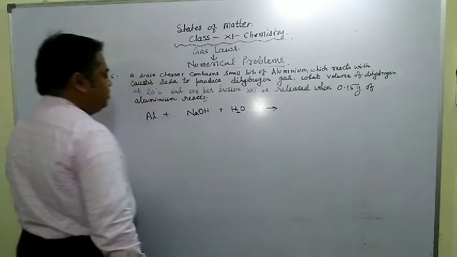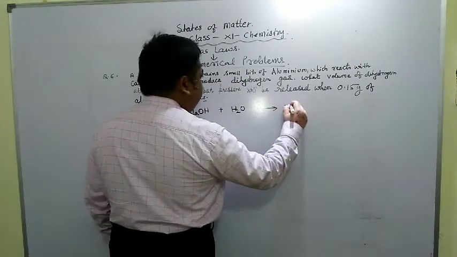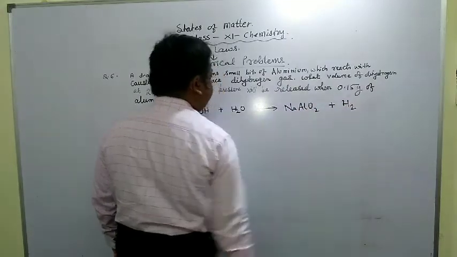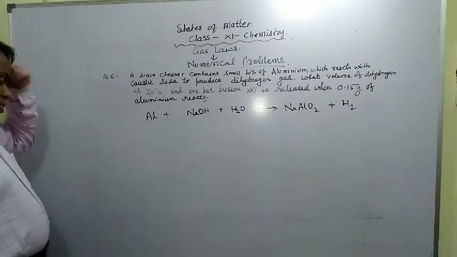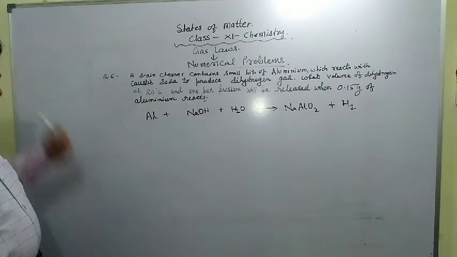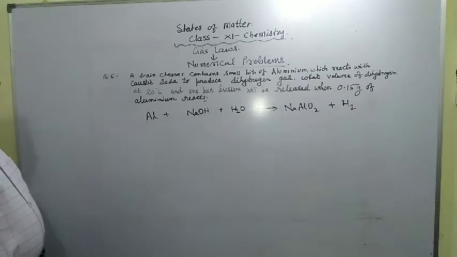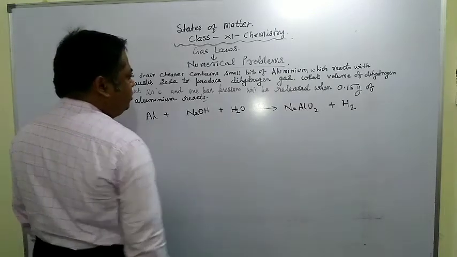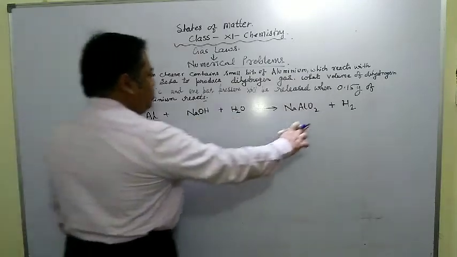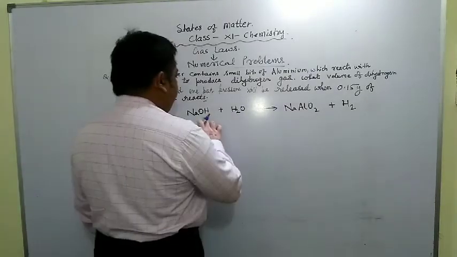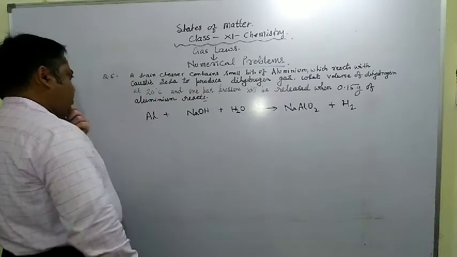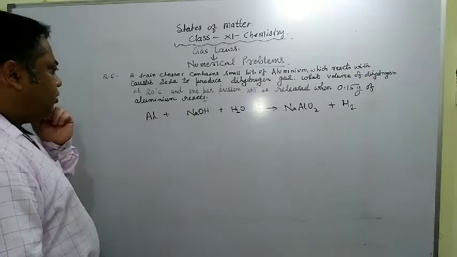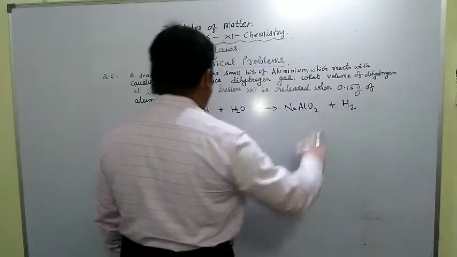So what is formed is sodium aluminate, NaAlO2, and hydrogen gas comes out. So we need to balance it. To balance it, what we have to do? There are two oxygens here, and two oxygen here, two hydrogen here, and one hydrogen here. So it becomes 3 hydrogen, but here it is only 2 hydrogen.